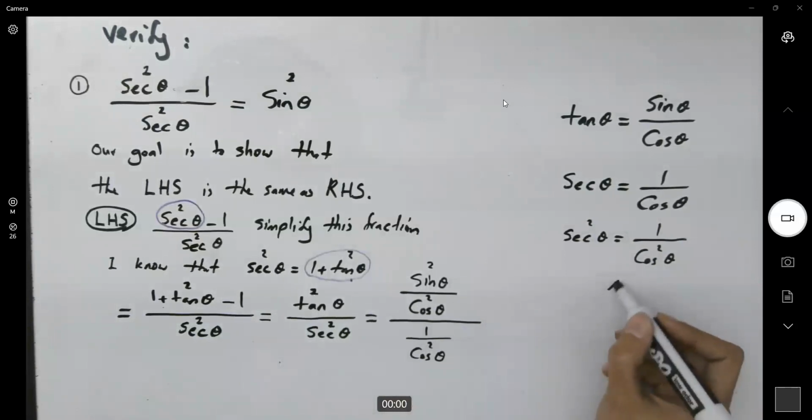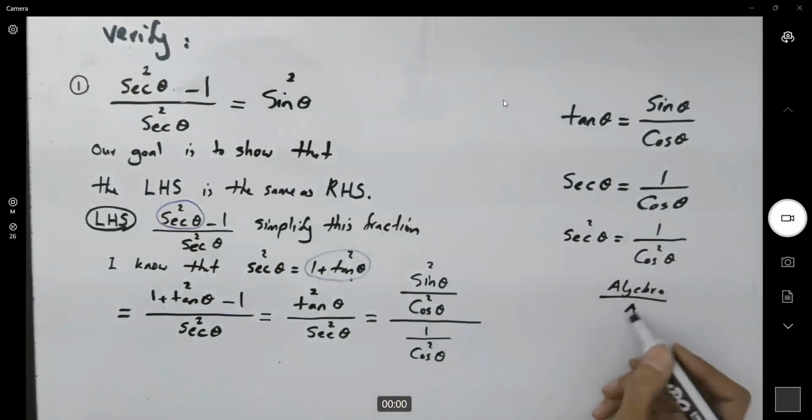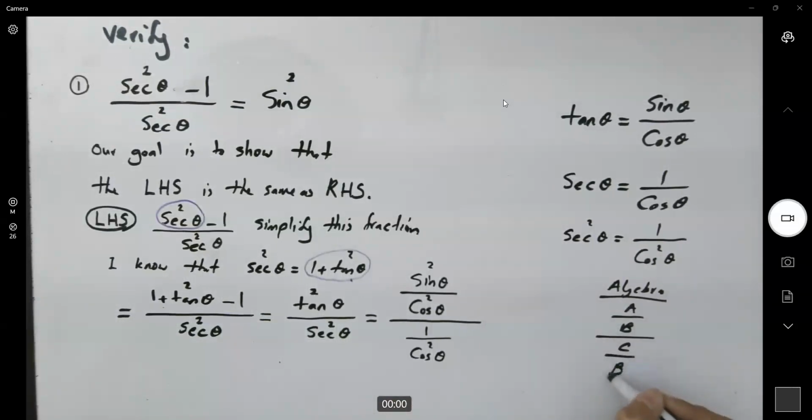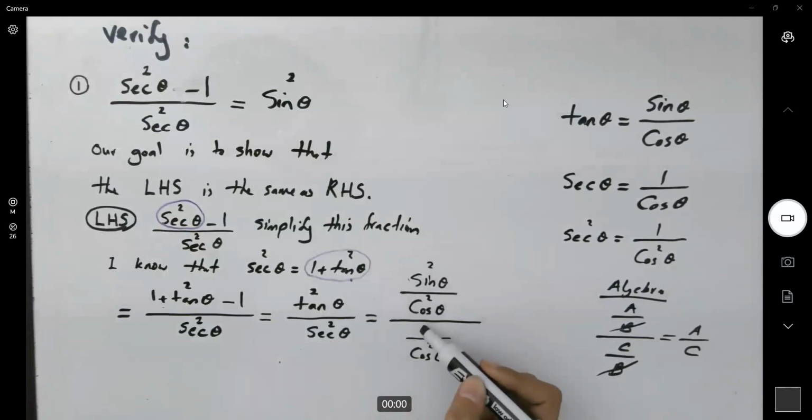Remember from algebra, A over B divided by C over B, you can cancel out the same denominators and you're left with A over C. Here you have sine squared divided by cosine squared.